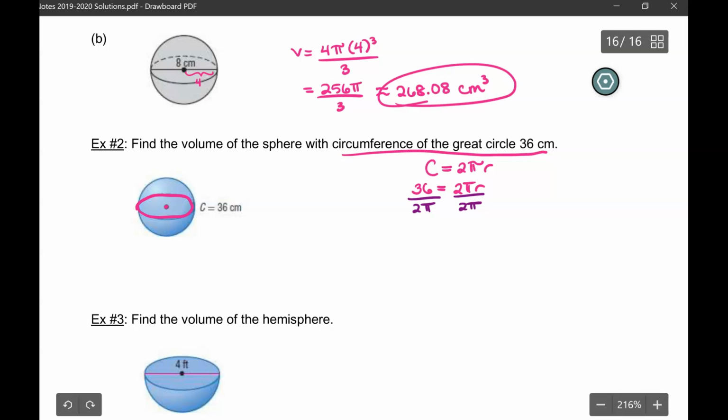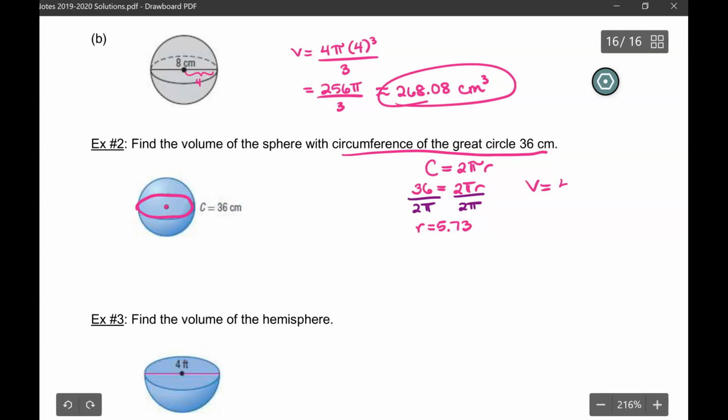And when I take 36 and divide by 2 pi, I get 5.73. And so that's the radius I'm going to use for the volume of the sphere.